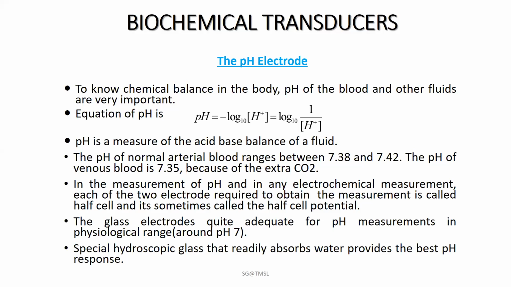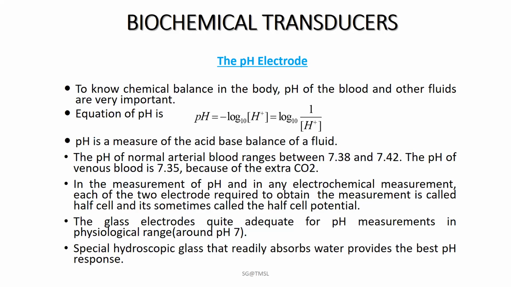Because of the thin glass membrane used here, it allows the passage of only hydrogen ions, in the H3O plus form. So a glass electrode provides a membrane interface for that hydrogen.